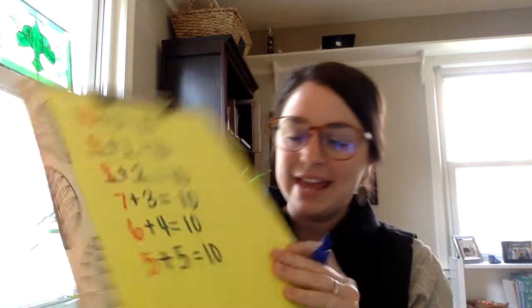I know 5 and 5 is 10 because it's a double. So I can then write that. 5 and 5 is 10, and 6 and 6 is 12. Love that song. 5 plus 5 equals 10.